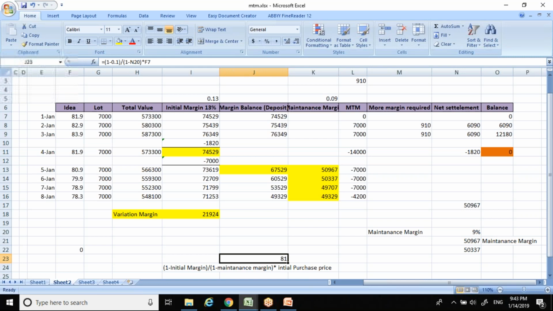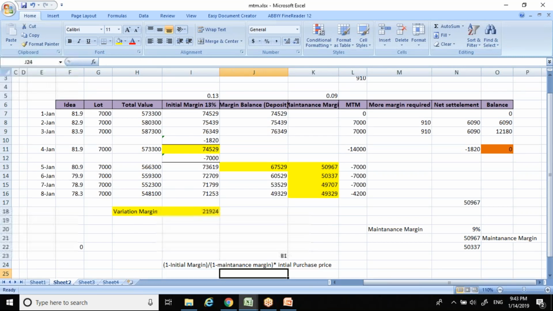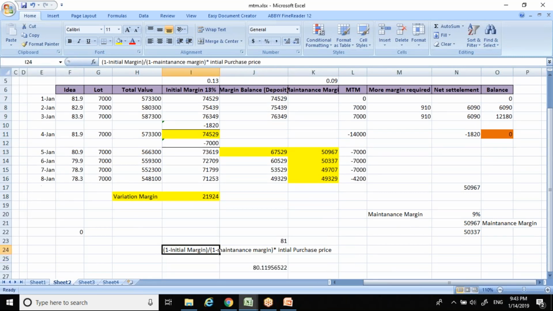The formula is: 1 minus initial margin, divided by 1 minus maintenance margin, multiplied by the initial purchase price. If you apply this formula, you get the price immediately.